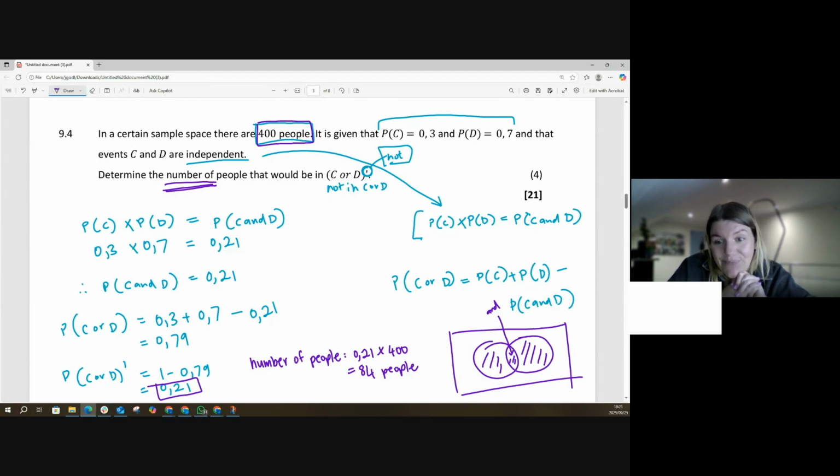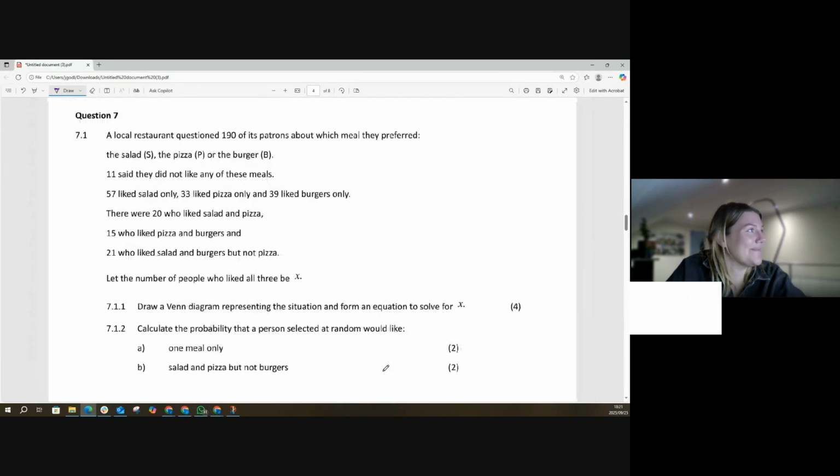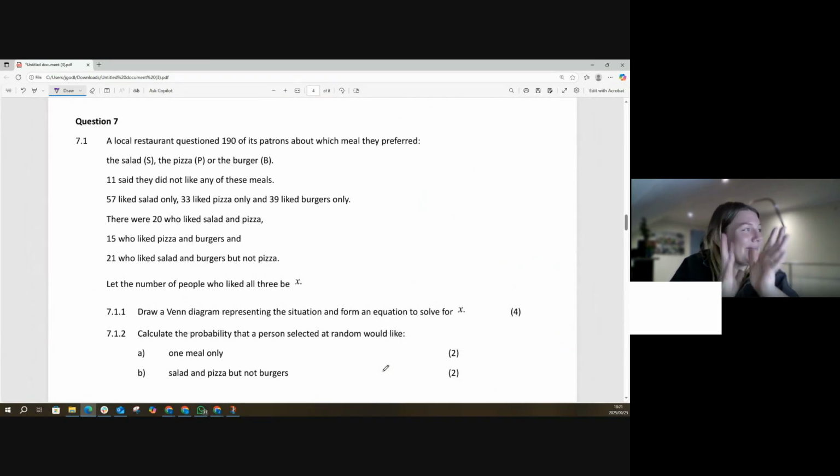Okay. Next question is a beautiful Venn diagram. A local restaurant questioned 190 of its patrons about which meal they preferred.